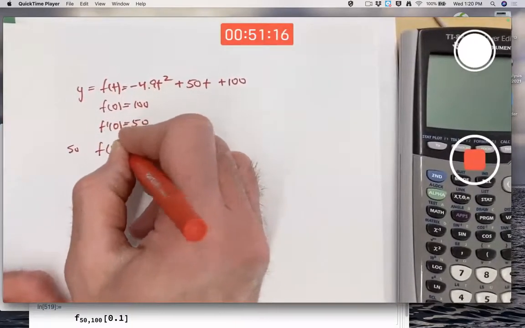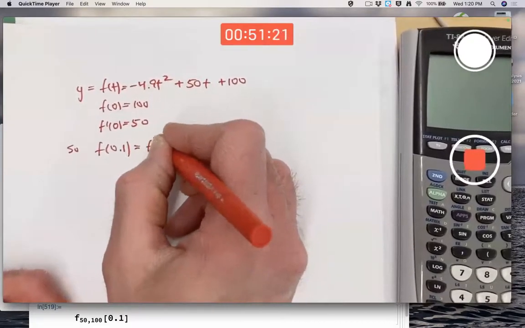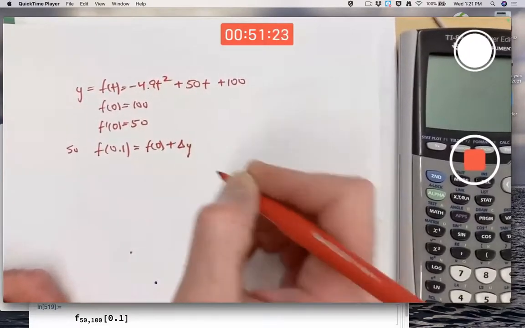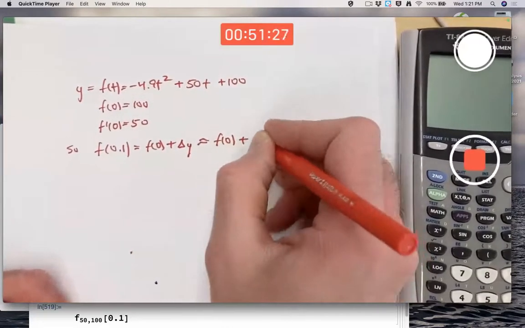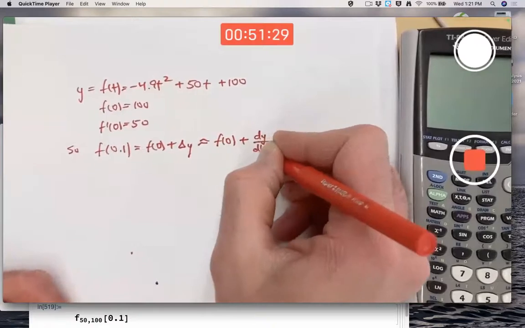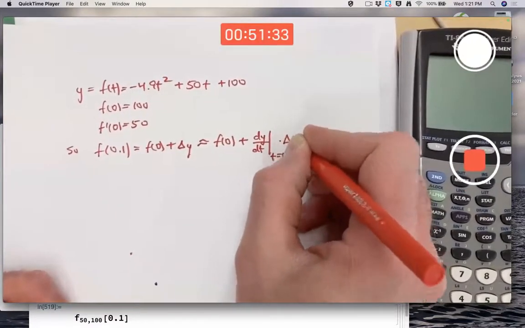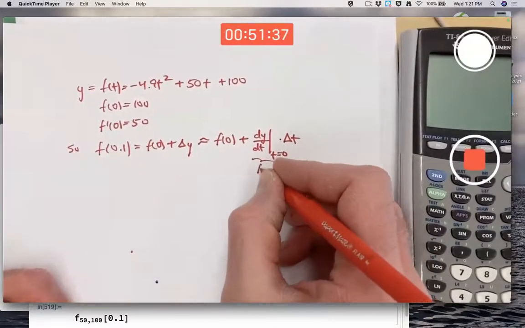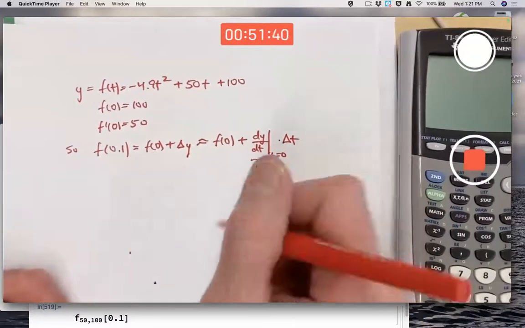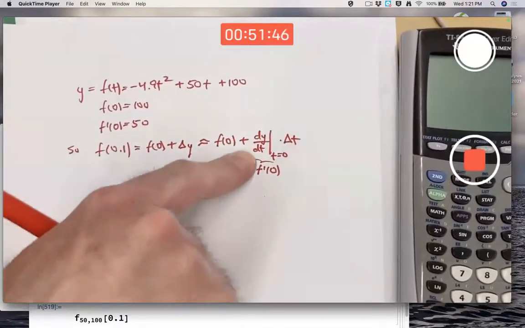So f of 0.1, well, it's f of 0 plus the change in y. And that's approximately f of 0 plus the derivative rate of change evaluated at t equals 0 times delta t. And this derivative can also be denoted by f prime of 0. Those are equivalent notations.